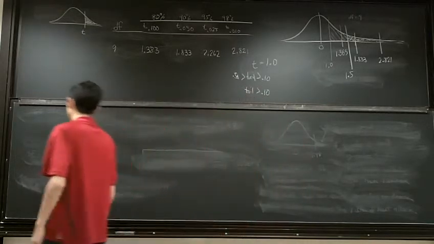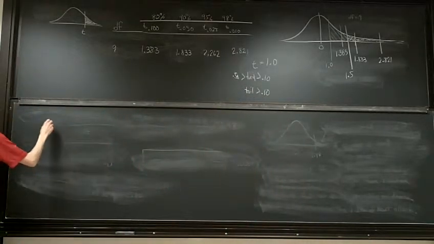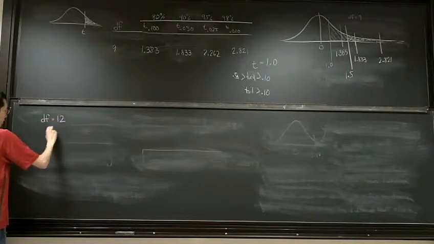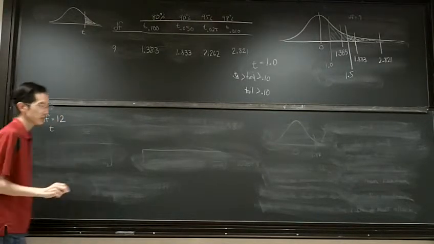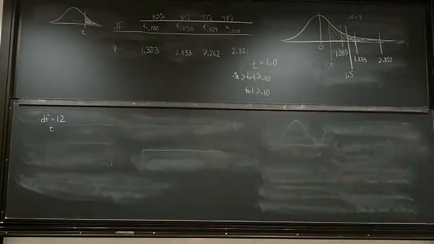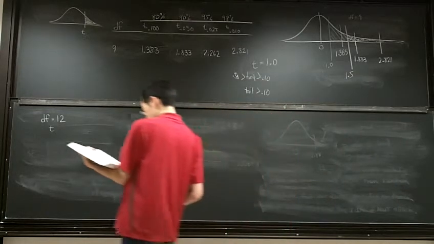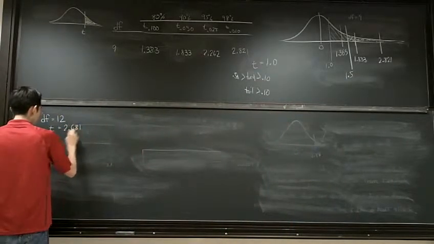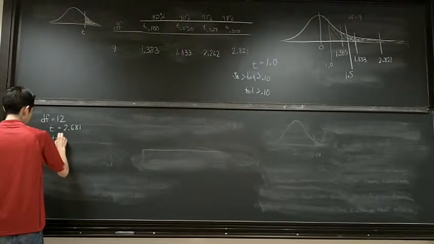Okay, so let's say you have degrees of freedom equal to 12 and your test statistic is equal to 2.681. How much is in the tail?